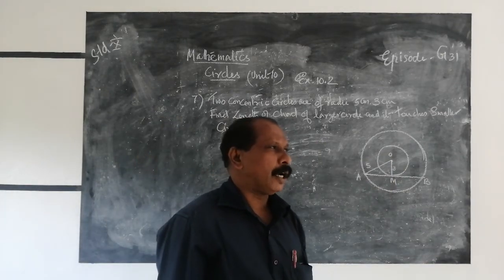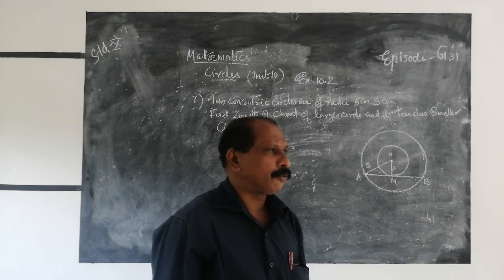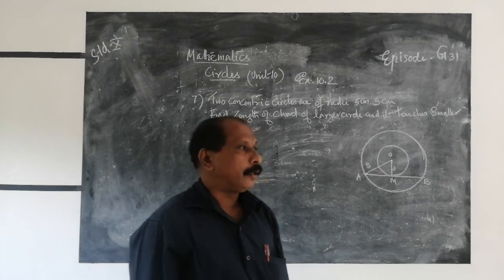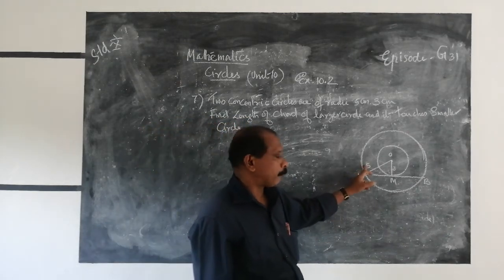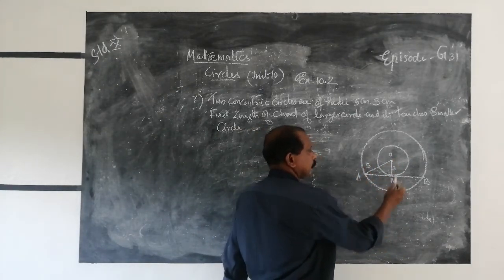Therefore, the radius of the smaller circle is the distance of the center from the tangent at M. And the radius of the larger circle is the hypotenuse of triangle OMA. Therefore, this is a right angle triangle.